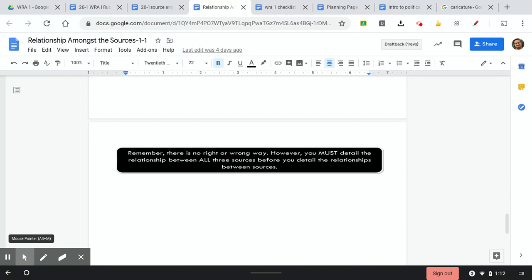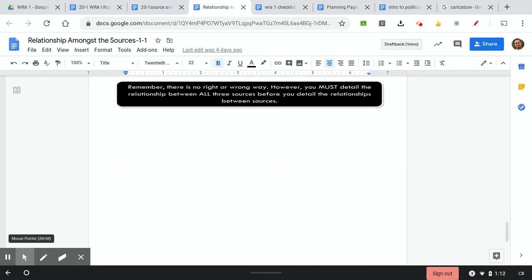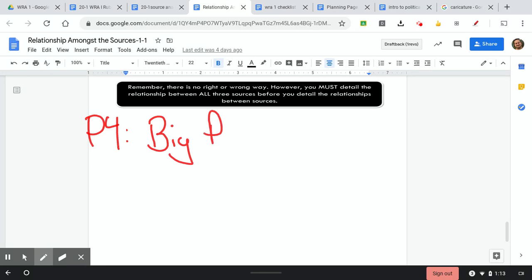Now it says here, remember there is no right or wrong way. However, you must detail the relationship between all three sources before you detail the relationships between the sources. So, for paragraph 4, our relationships paragraph, start with big picture. What is the relationship between all the sources? What is the connection?